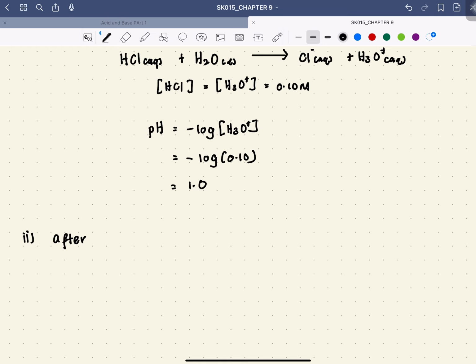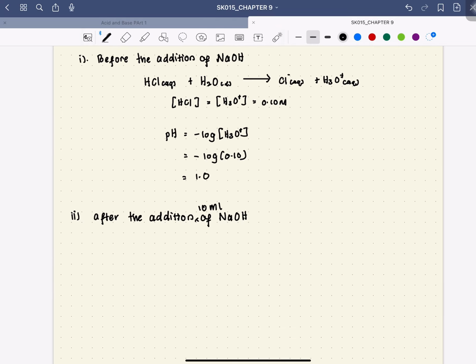After the addition of 10 ml of sodium hydroxide. Now, this is neutralization. When it comes to neutralization, the way we calculate, we must find the mole.